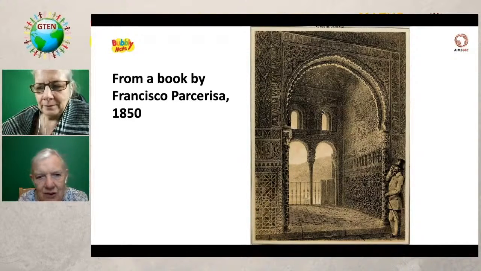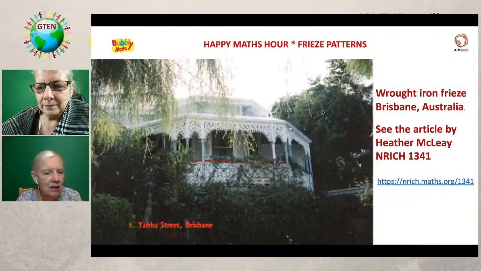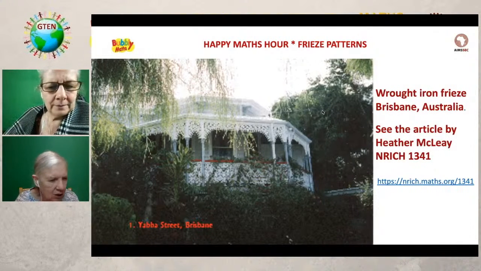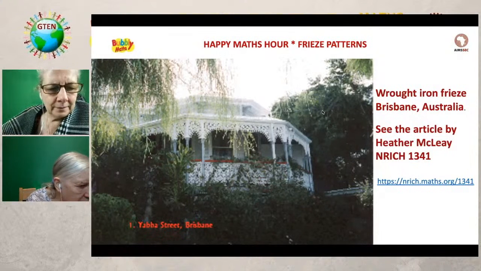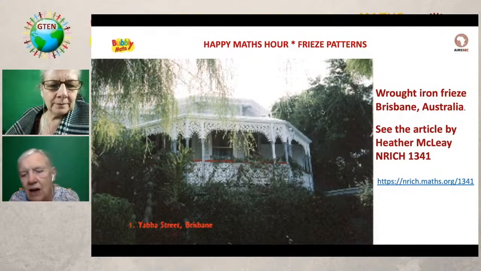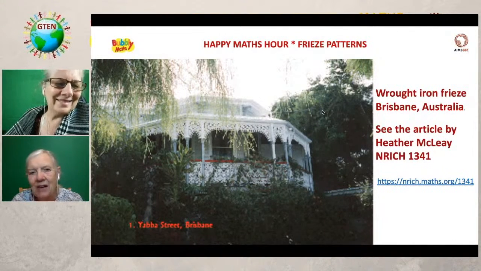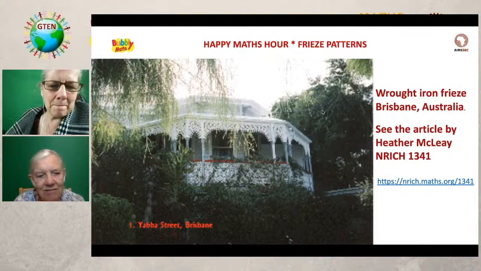Again, interesting. Now here's a complete change of scene. We're now moving across the globe to Australia. And Heather Maclay, who was a mathematician, a maths educator like ourselves, visited Spain and Australia, and she was really entranced.